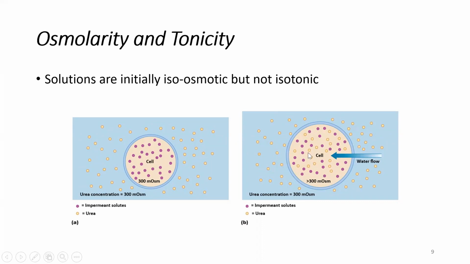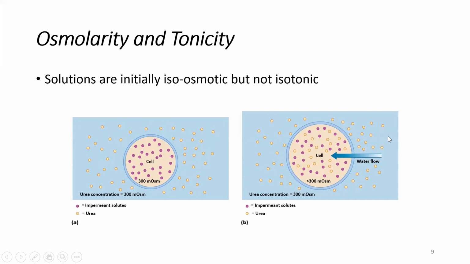And so looking at that, we've got a higher concentration inside the cell. Okay, it's greater than 300 milliosmol. But again, we're ignoring the fact that urea is present outside the membrane because urea can cross the membrane in question here. And so essentially we have solutes inside and no solutes outside.